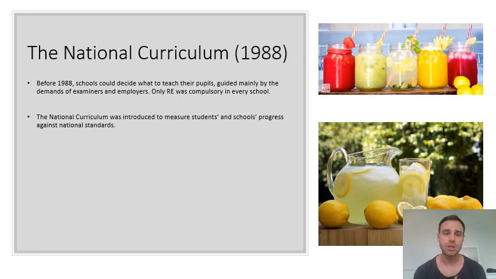So they introduced a system whereby students and schools could be measured against national standards, because the national curriculum came into place, and it said that every school that was under a local authority, so for example a comprehensive school or a state school, every school that was governed by a local authority had to teach this list of information and this list of subjects.